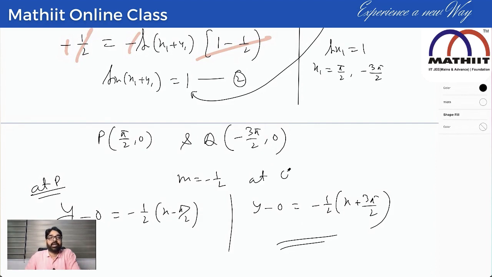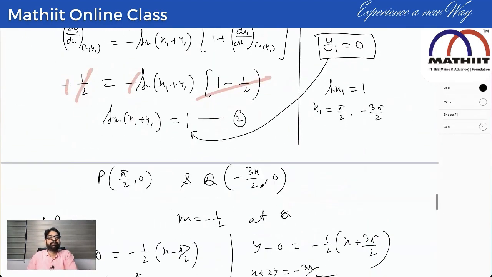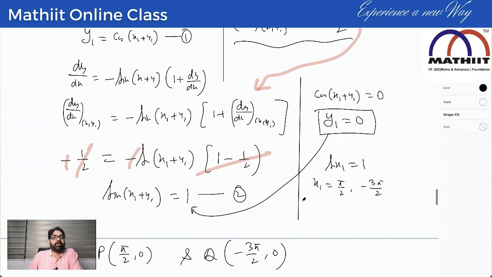There are two tangent equations. I'm not simplifying, but I guess you can simplify this. It becomes x plus 2y equals pi by 2, and here it becomes x plus 2y equals -3 pi by 2. Of course, these two lines are parallel to x plus 2y equals 7. Is it clear to everybody?